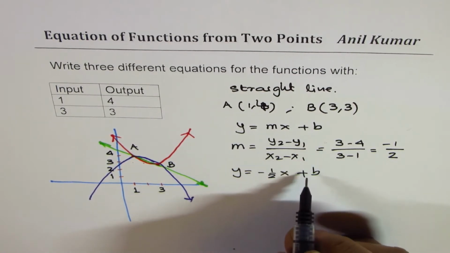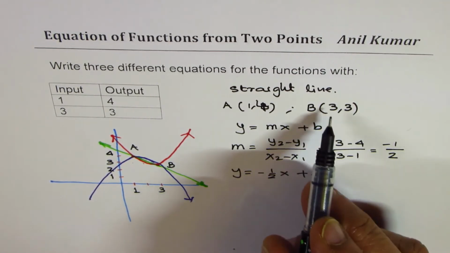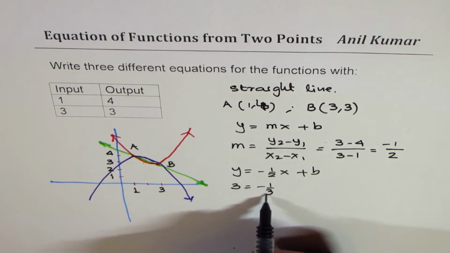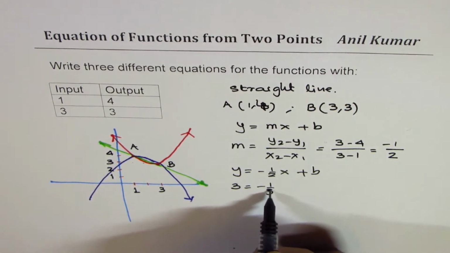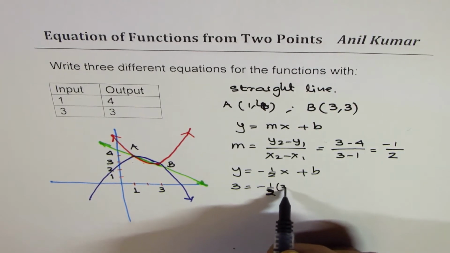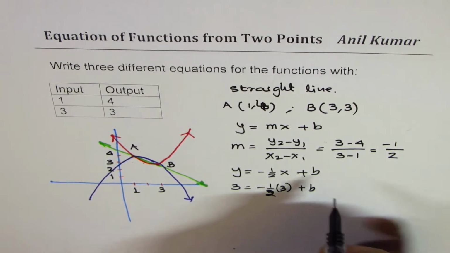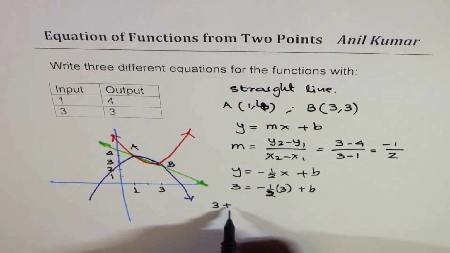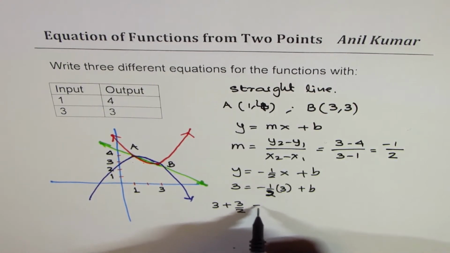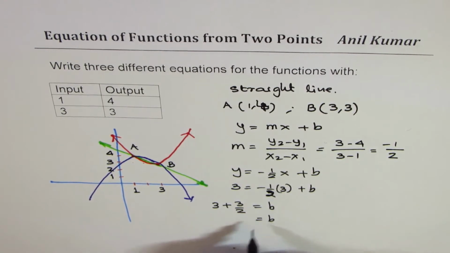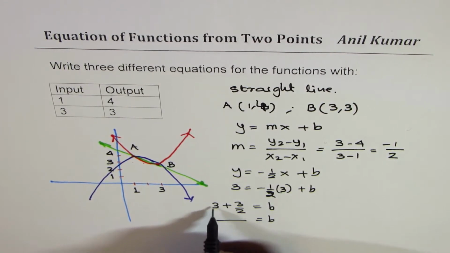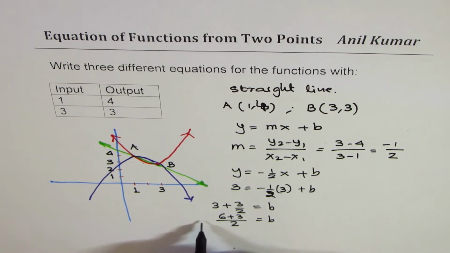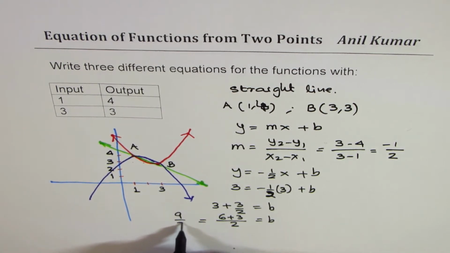To get the value of b, let me use the values 3 and 3. So if I write 3 here, 3 equals minus 1 over 2 times 3 plus b. So solving this, we get 3 plus 3 over 2 is b, and that gives us the value of b as 3 times 2 is 6, 6 plus 3 over 2. So the value of b is 9 over 2, right?